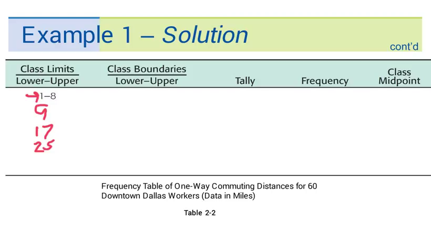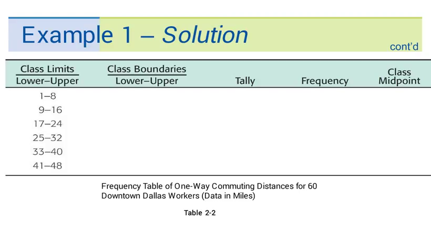Okay? And we can do the same thing with the upper class limits. If we add 8 to 8, we get the upper class limit for the second class is 16. If we add 8 to 16, we get the upper class limit for the next class is 24. If we add 8 to 24, we get the upper class limit for the next class is 32, and so on.